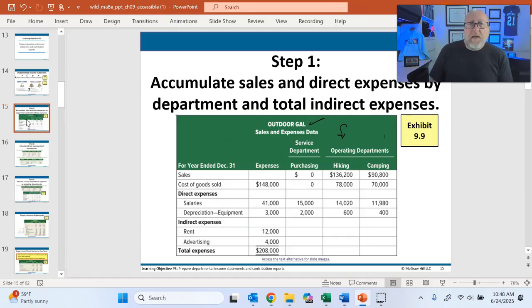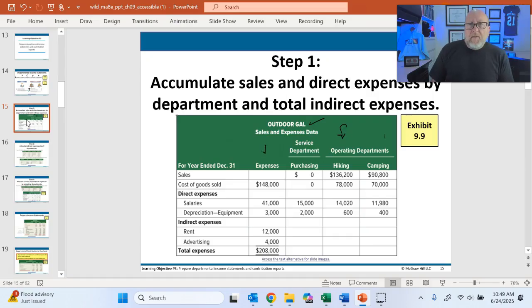Okay. So in this first example, we have sales of 136,200, and then the hiking department's got 78,000 in operating expenses. And then within the hiking department, we have salaries of 14,020, and then depreciation on the equipment 600. Okay.